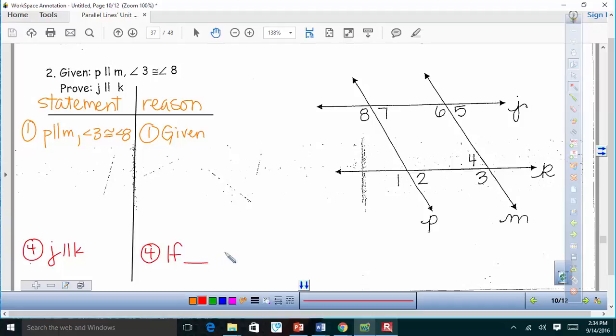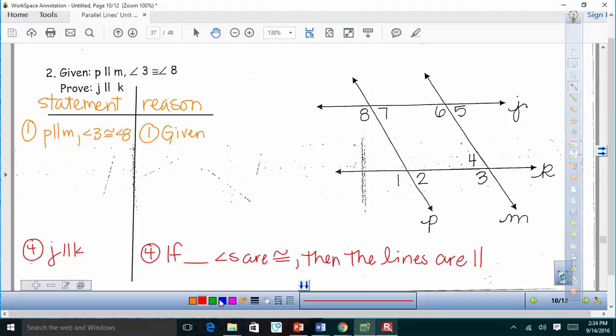If blank angles are congruent, then the lines are parallel. That way I don't get the transitivity step and this one confused.